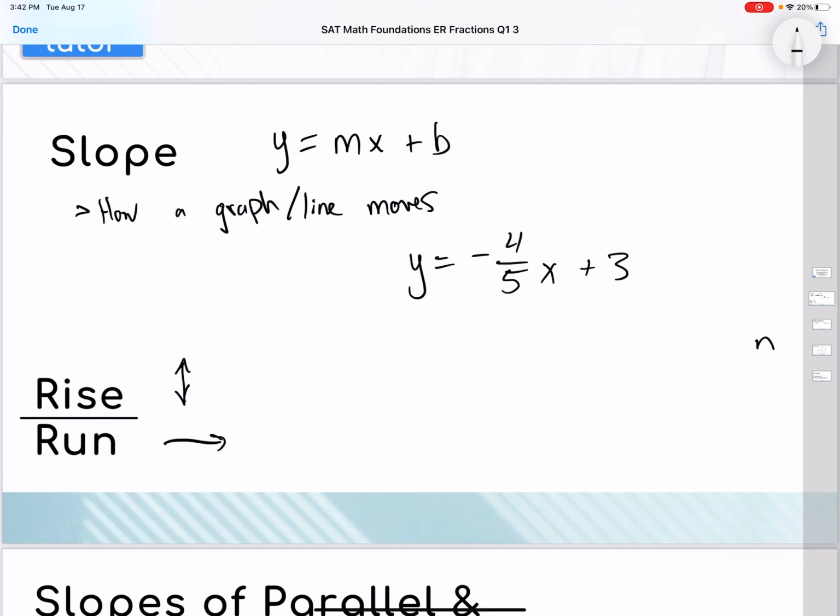And according to that rise over run like we learned, we would be going down 4. So for every 4 units our graph went down, it would go right 5. And keep in mind, a negative sign like that will be applied to the numerator, or the rise, in this case going downward. But when it comes to the run of our line, it will always go to the right because we read a line from left to right.